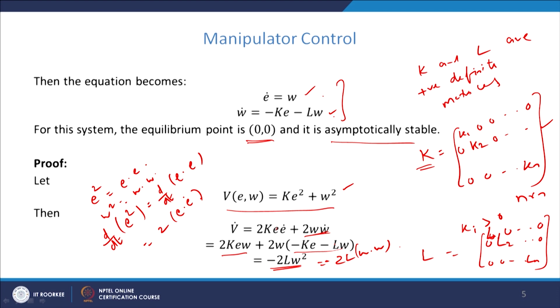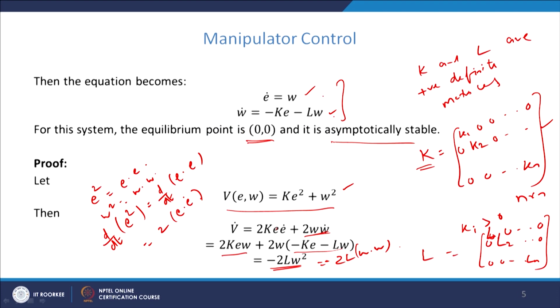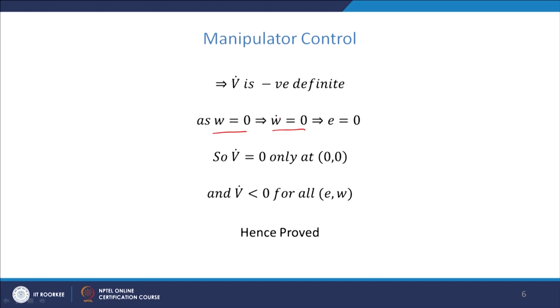So, it is a negative definite value, because when W is 0, automatically it will imply that E is also equal to 0. When W is 0, W dot will be 0, and when both W and W dot are 0, from the equation given here, K E is equal to 0 and K is positive definite, therefore the vector E is 0 vector.